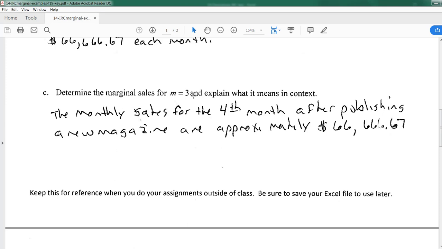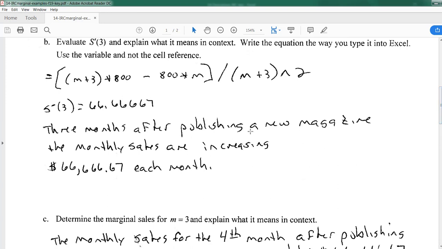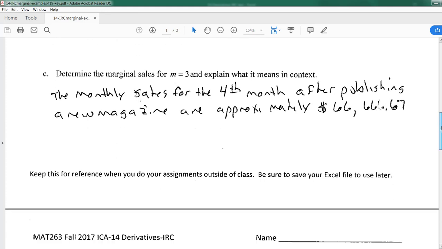So for m equals 3, before, the IRC, the rate, is changing 3 months later, but for the marginal, the monthly sales for the 4th month after publishing the new magazine is approximately that amount. So very different explanation for a rate of change or a marginal. Let's look at the next example.